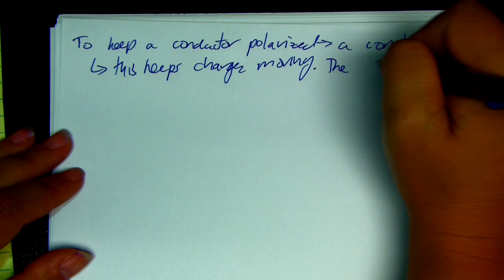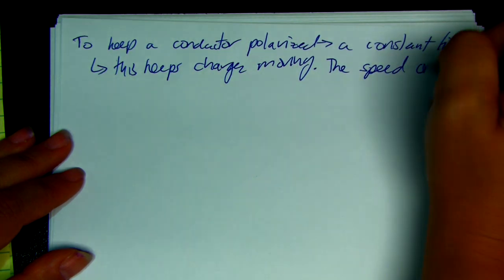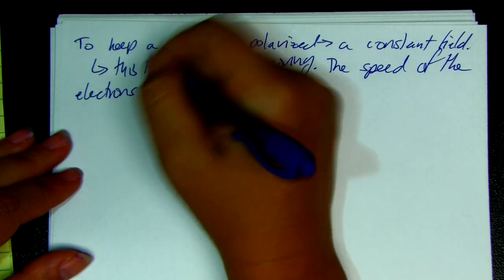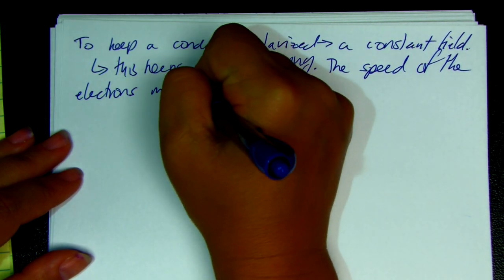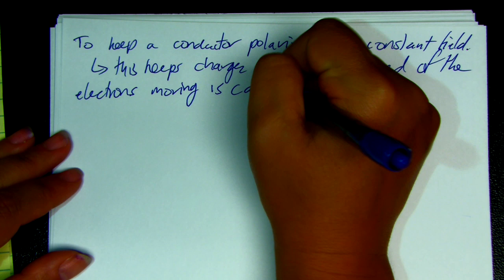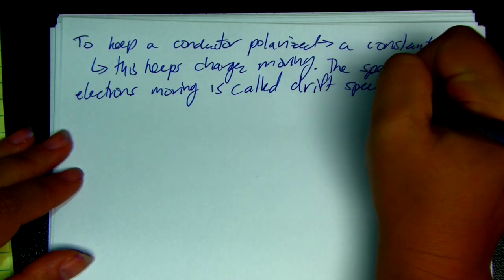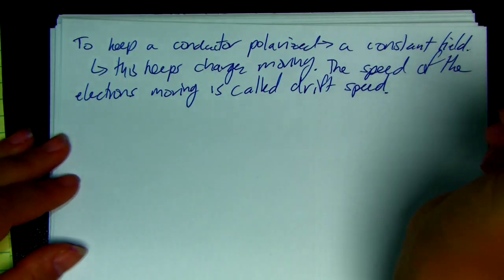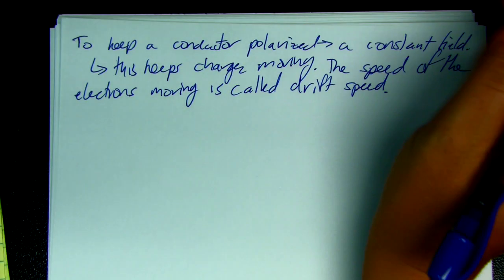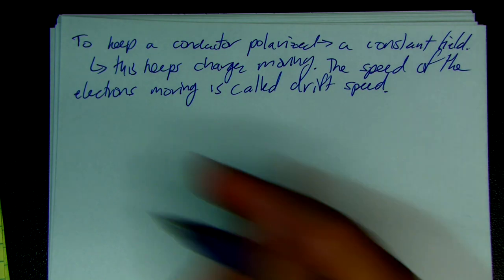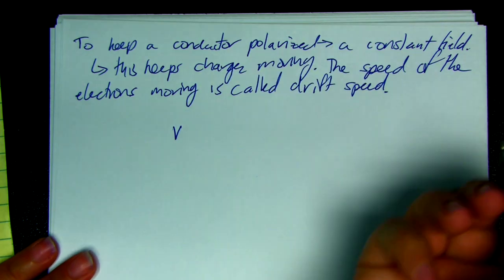And the speed of the electrons moving is called drift speed. Just to note, sometimes if you've got an ionic solution, you could have positive and negative charges. So drift speed could sometimes refer to moving charges more generally than just electrons. But typically we're talking about electrons.